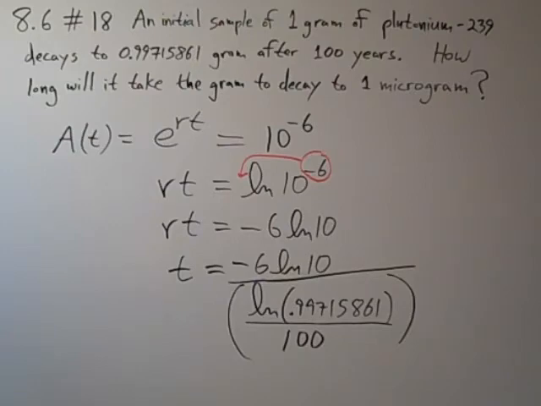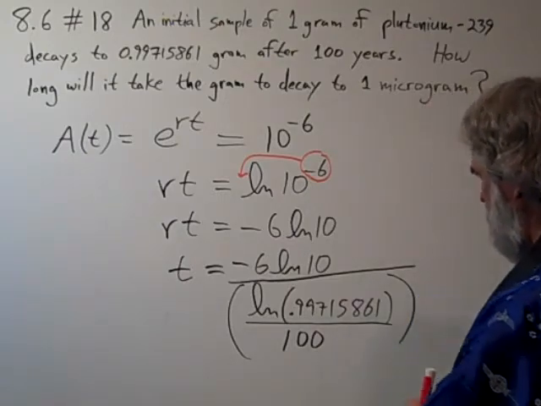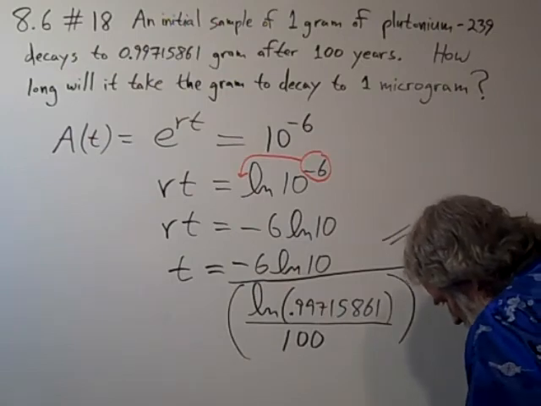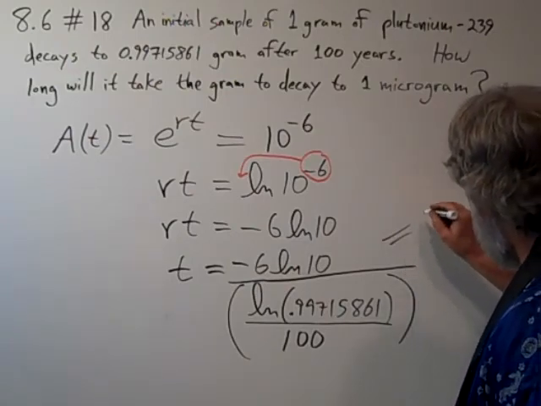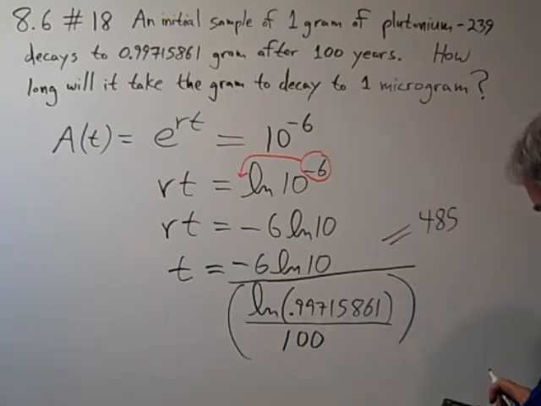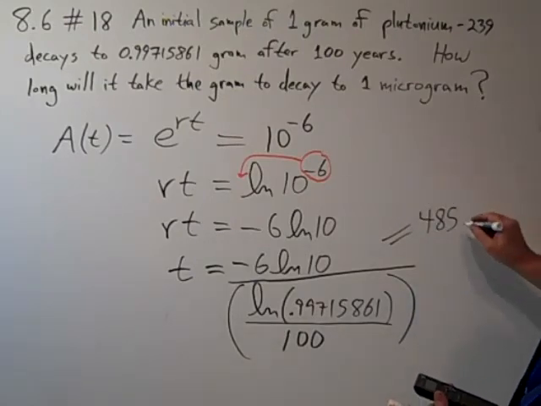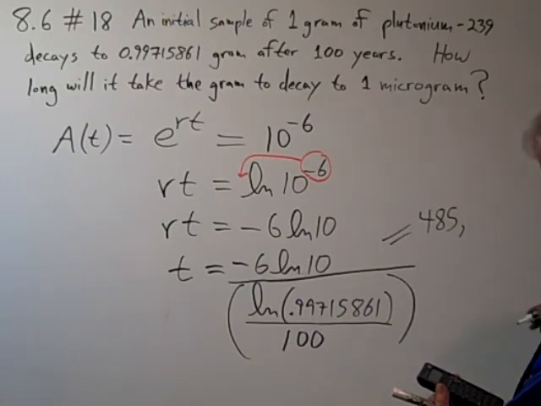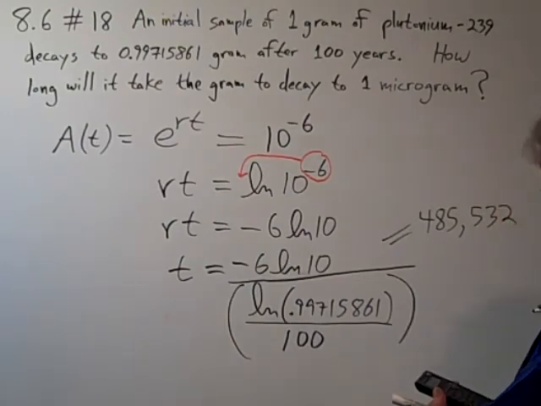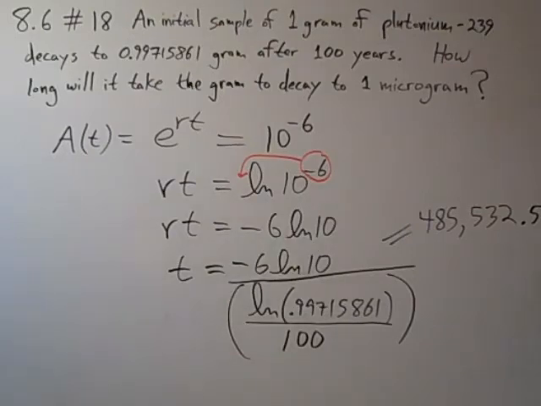What I get is that t is equal to 485,532.560576, and this is in years.